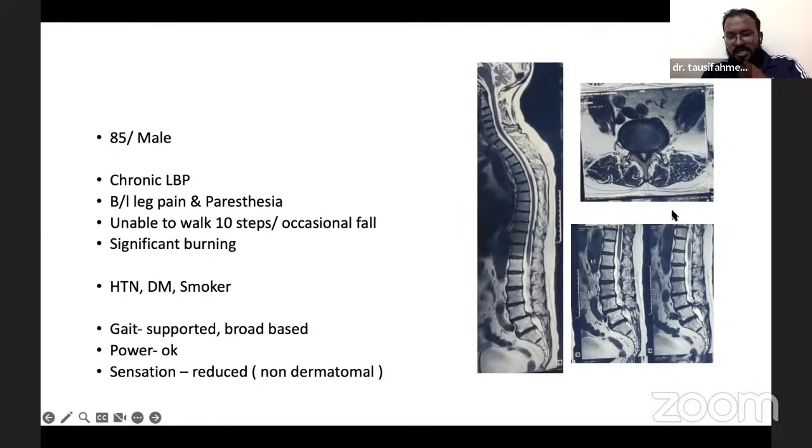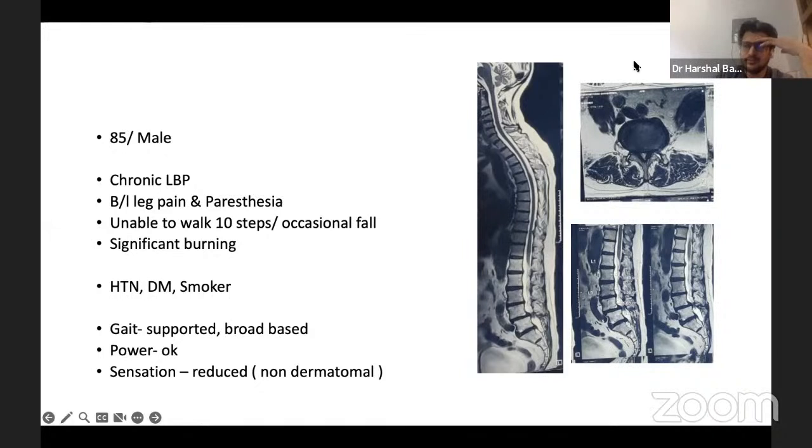But again, burning in the feet and non-dermatomal distribution point me towards some peripheral neuropathy, and I would like to rule it out first since he is diabetic. So, that is one more pointer towards diabetic neuropathy.